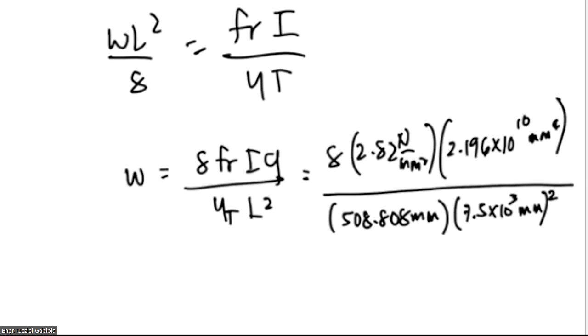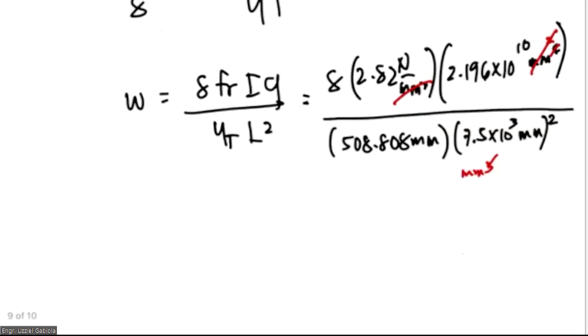What will be the unit? This will be cancelled out. Mm squared will remain, then at the bottom, it will be mm cube. So cancel out the 2, then 1 will remain. So we will have a value of Newton per mm, or the same as kilonewton per meter as our uniformly distributed load.